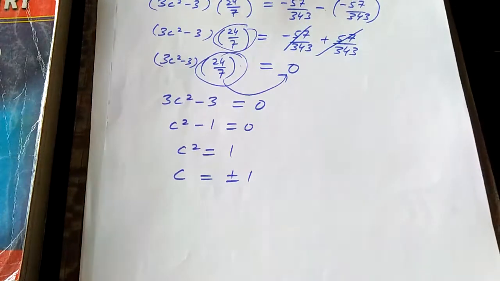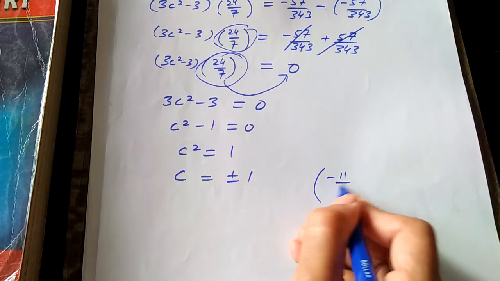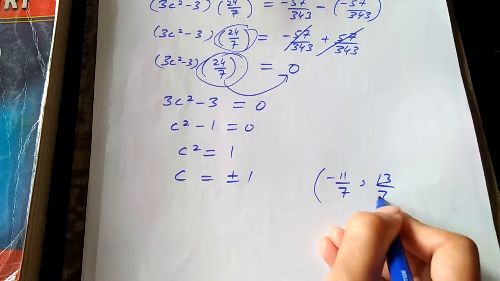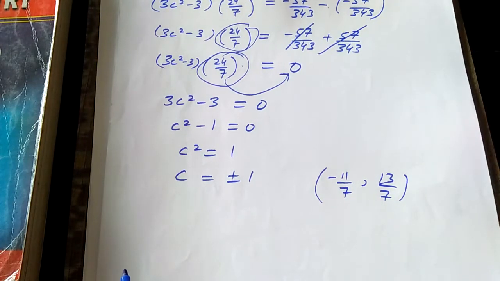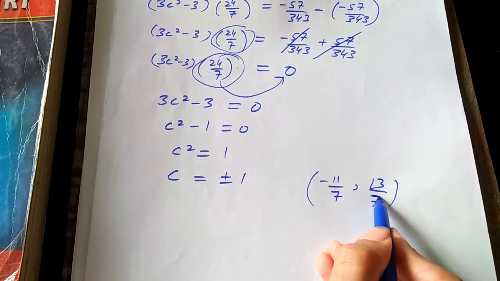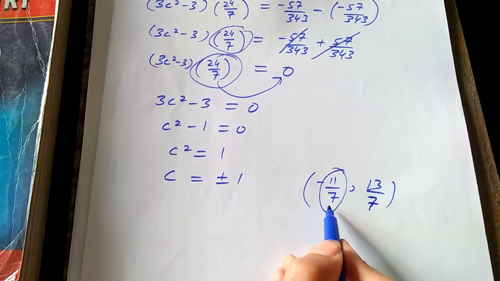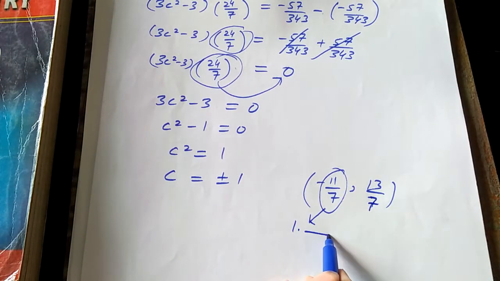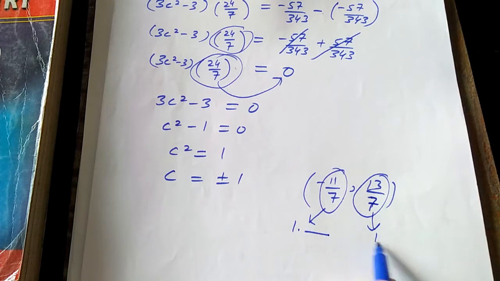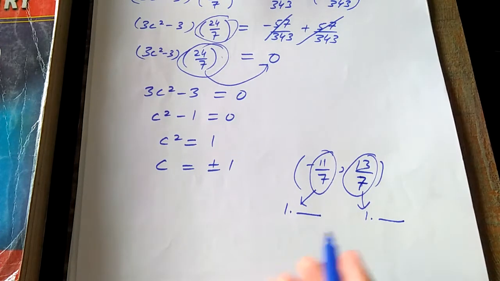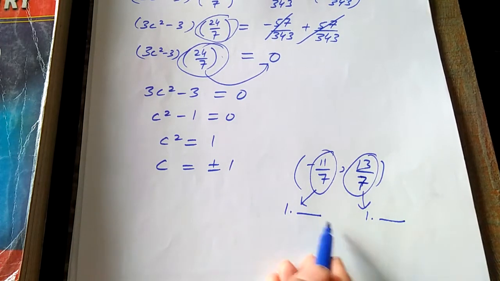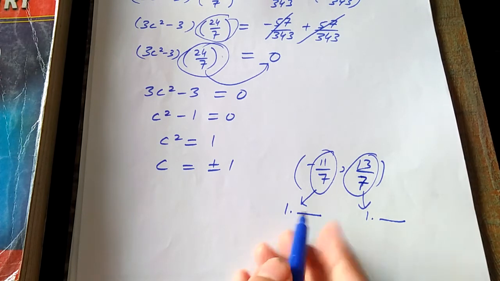Now we have to check its validity in this open interval, minus 11 over 7 and 13 over 7. Now you see, if we divide 11 by 7, we will get 1 point something, and if we divide it here also, we will get 1 point some answer. You have to solve it with your calculator and just get an exact value.